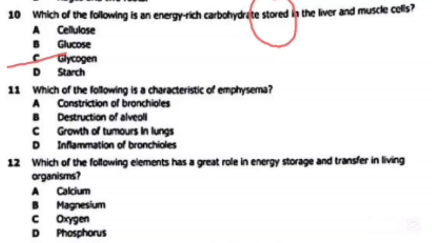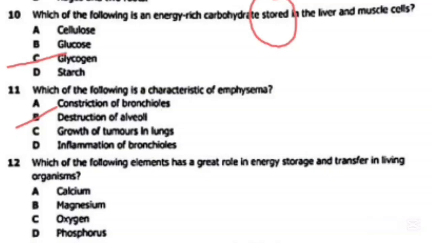Therefore, they swell, causing inflammation. And also the bronchioles constrict in asthma, causing that difficulty in breathing. Then when we look at C, growth of tumor in the lungs, this is cancer. So our answer here is B, which is the destruction of the alveoli.